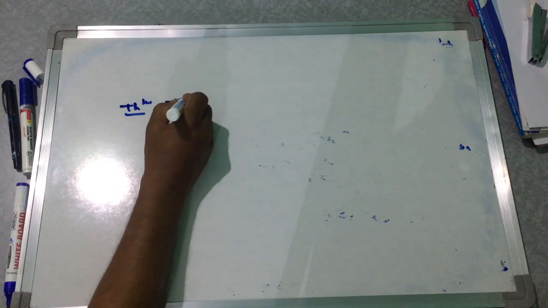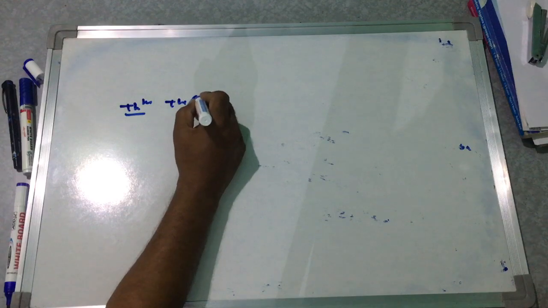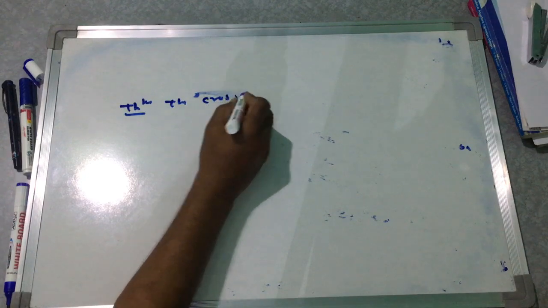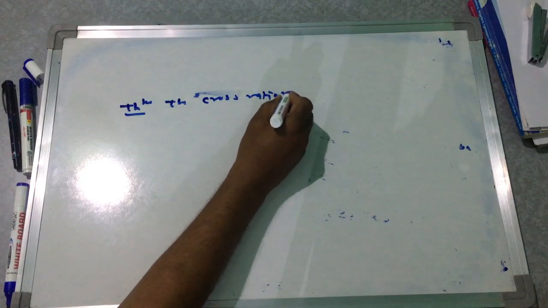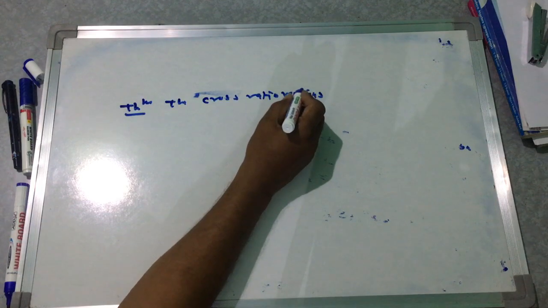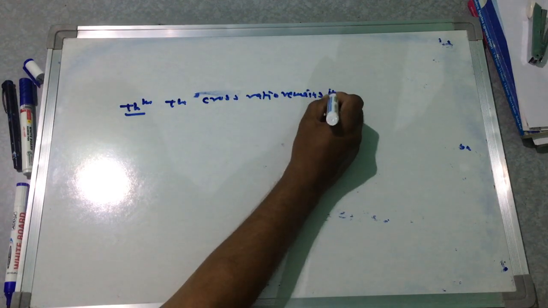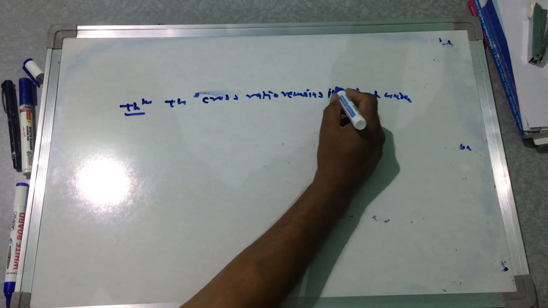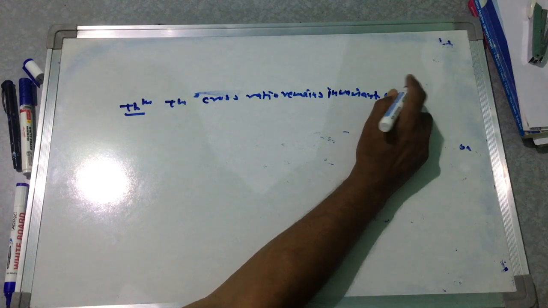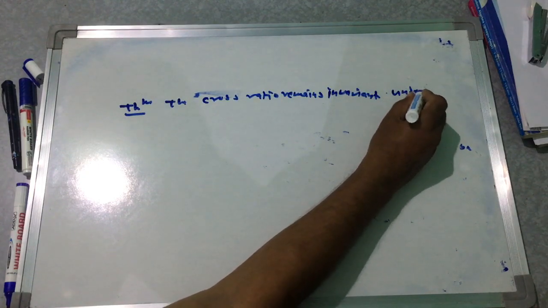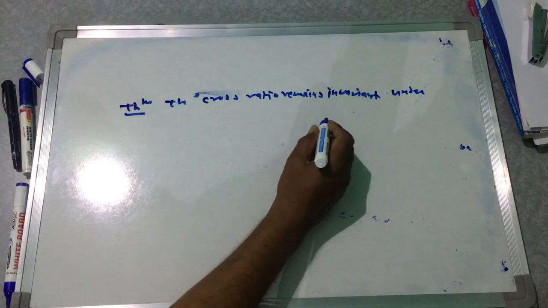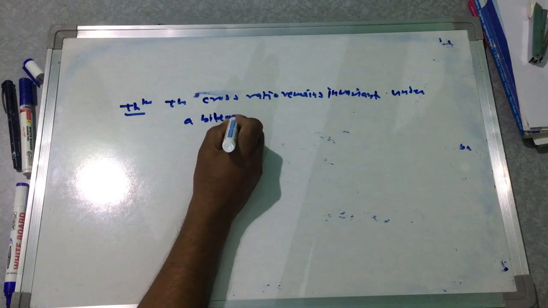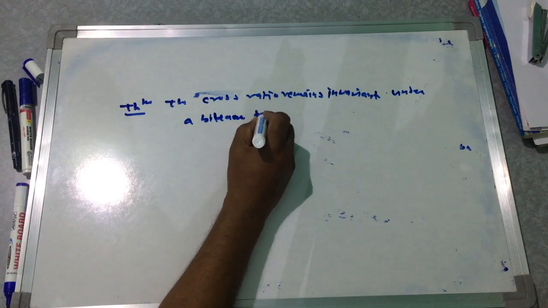The cross ratio remains invariant under a bilinear transformation.